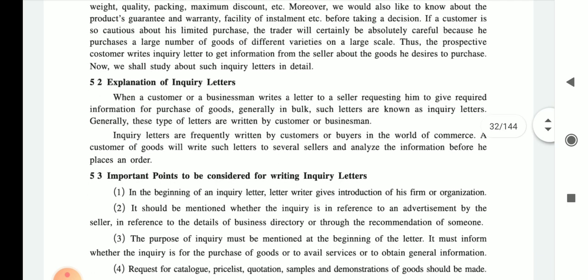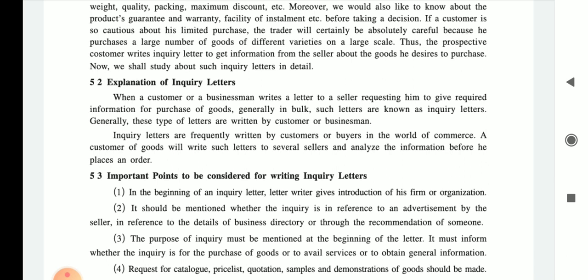If a customer is so cautious about his limited purchase, the trader will certainly be absolutely careful, because he purchases a large number of goods of different varieties on a large scale. See, you purchase so many limited products and make so many inquiries, and you are very cautious about the product.